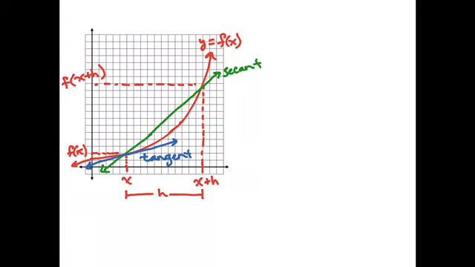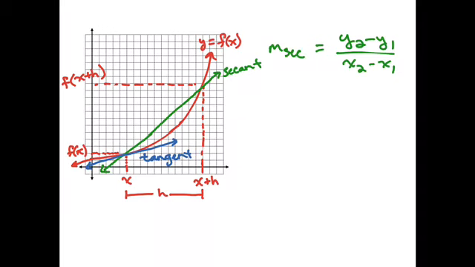So if I want to discuss how my curve is changing, I might say, well, the slope of my secant line would be an average rate of change of the curve, and it would be y2 minus y1 over x2 minus x1. So let's get the points off of our graph here. I've done this very generically.